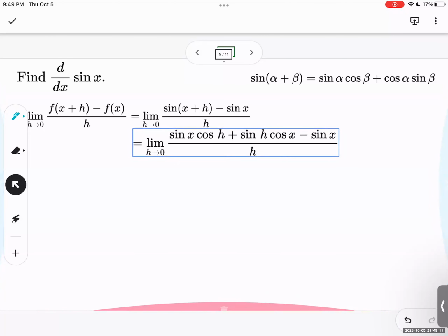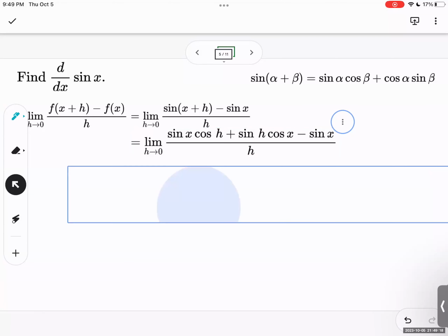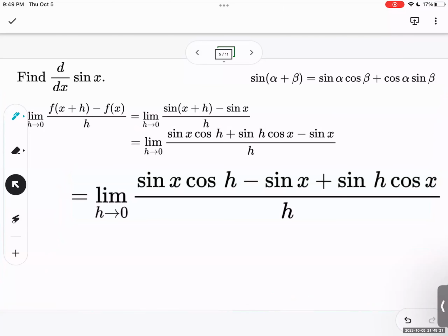I'm going to shrink that and put it next to the original.